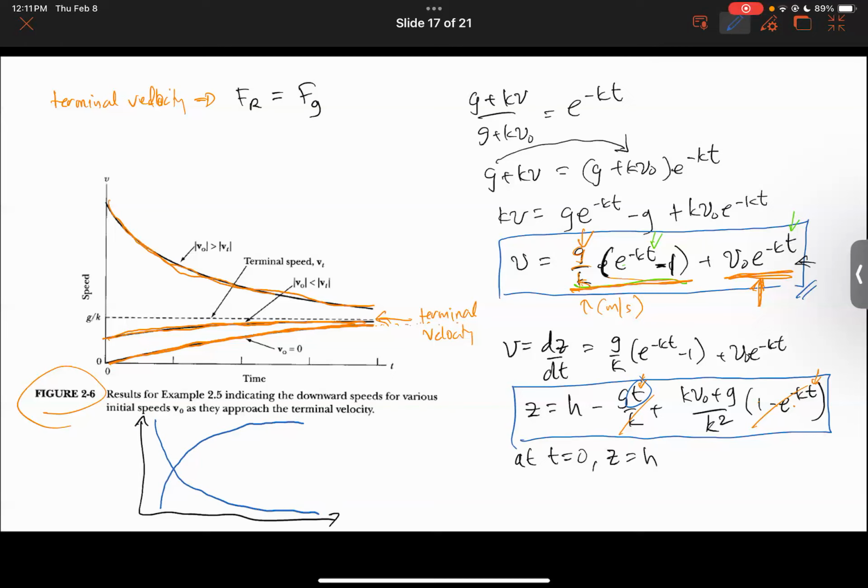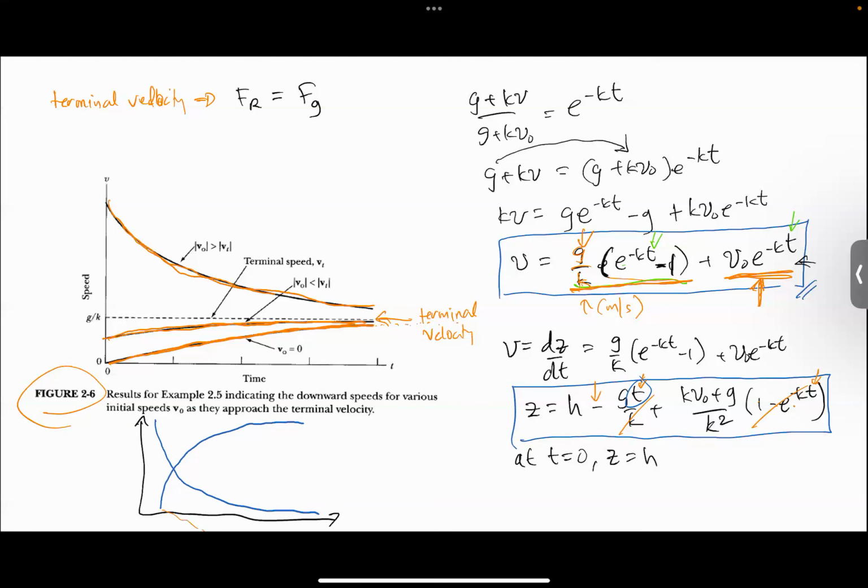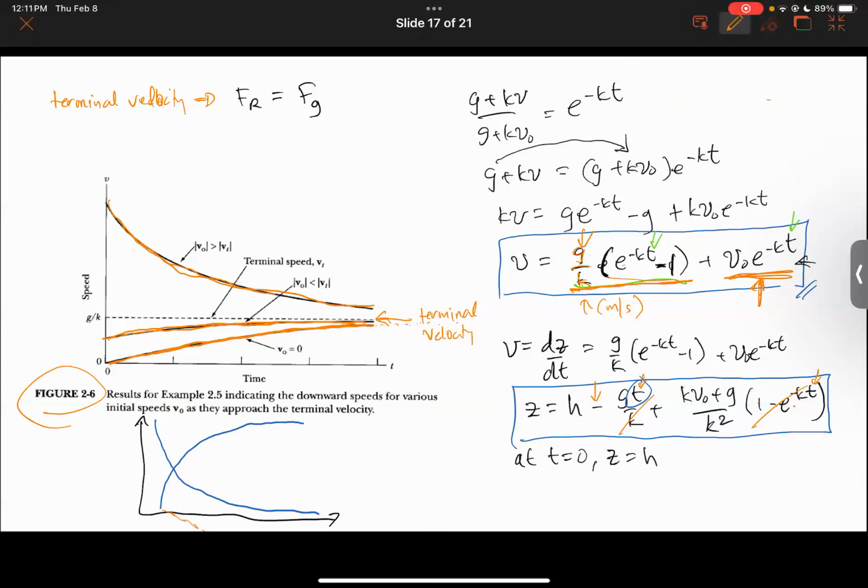May negative sign doon. Yan ang hindi ko nakita kanina. So pababa siyang ganyan. Dapat sinusubtract ko yung result. So dapat magiging ganyan siya. And this will be z is equal to h.